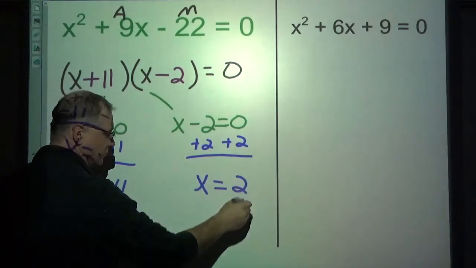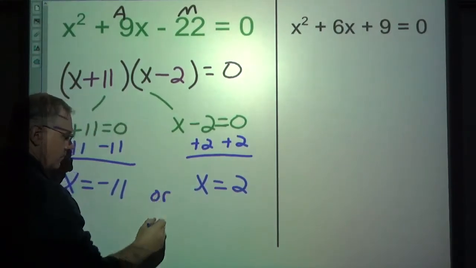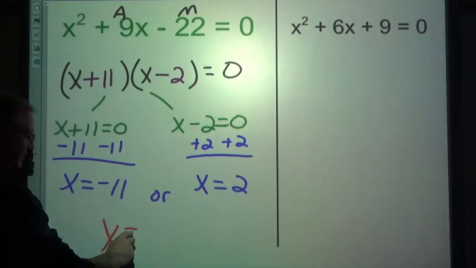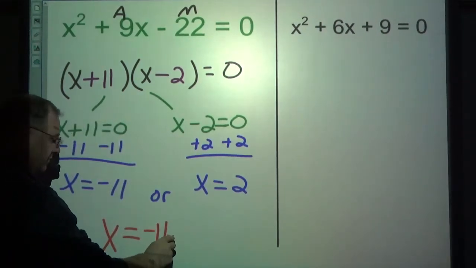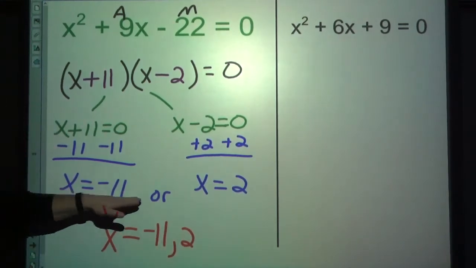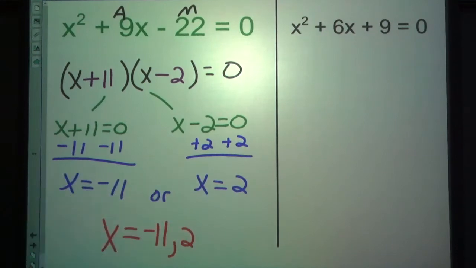X equals 2. Now the other way you could write this answer, you could say x equals negative 11, comma 2. That's an example of the same thing. You could say negative 11 or 2 instead of having to write x equals or x equals. Same thing. Okay.